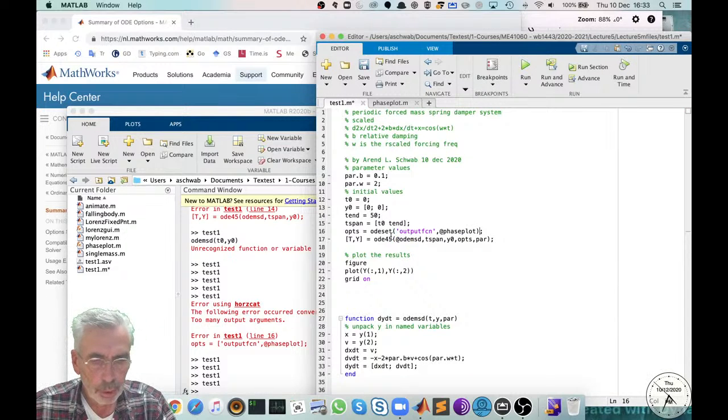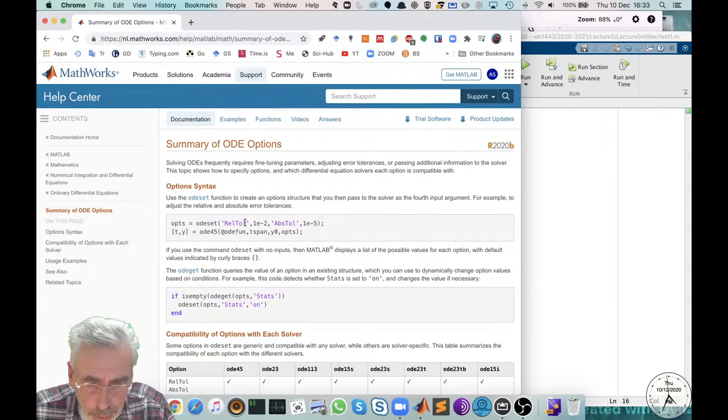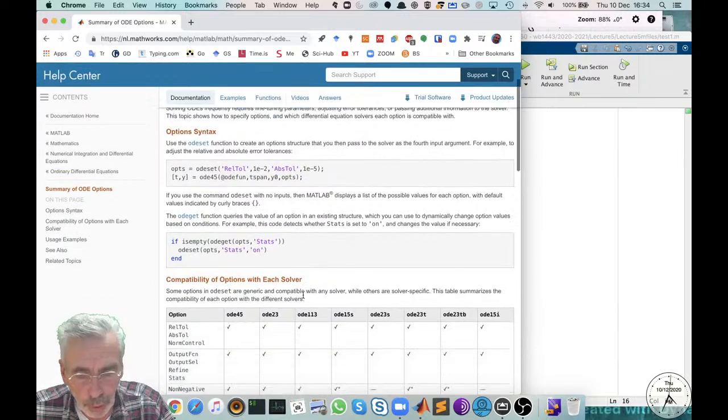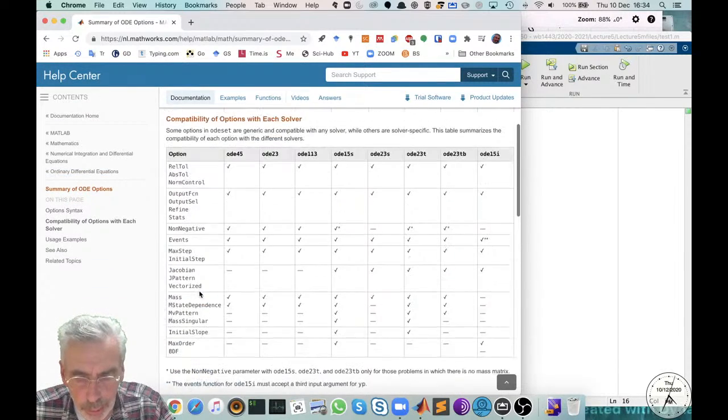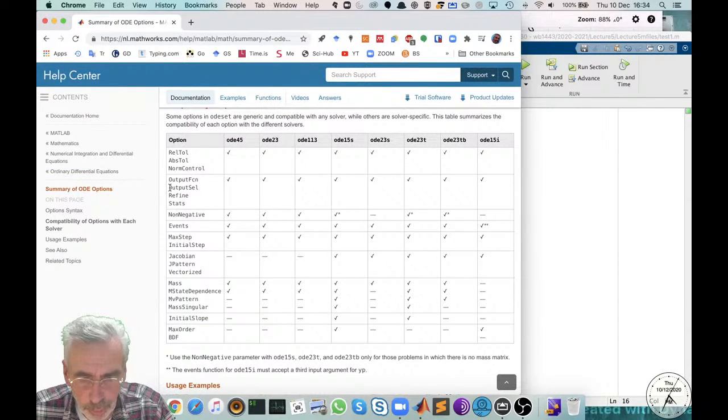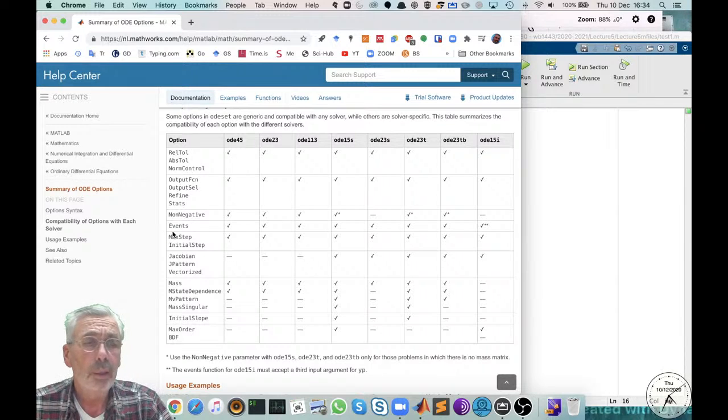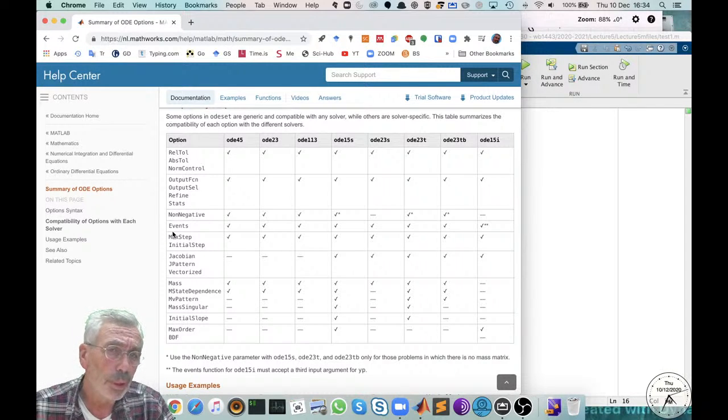With ODE set we can set all the options, as you can see here: RelTol, AbsTol. Which options are there? Read all about it: output function, output selection, refine, stats, non-negative, events. Events is a very nice one. Then you can find out when something hits the ground, then I have to stop. That's one of the homework assignments, by the way.